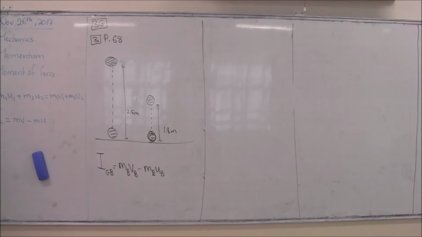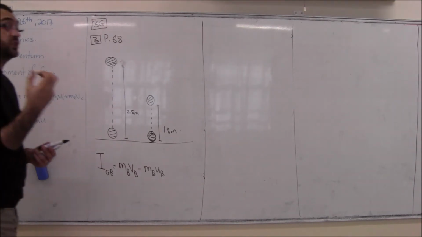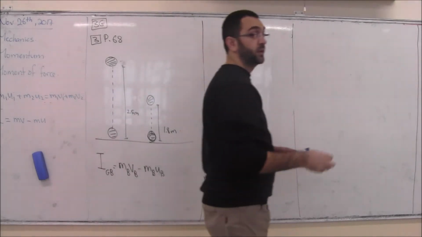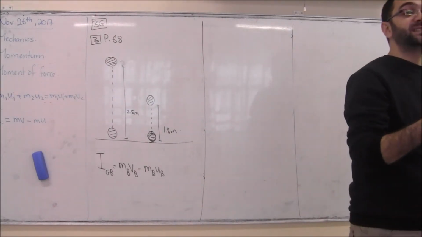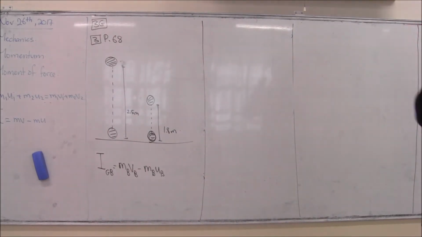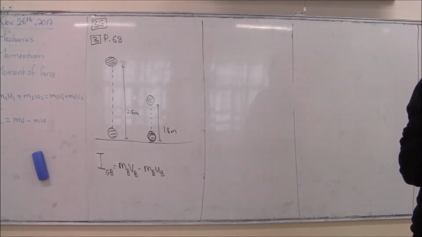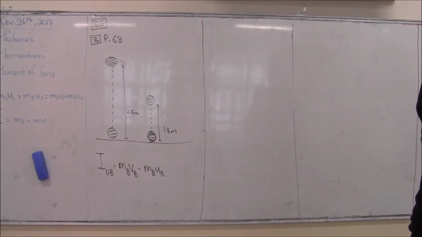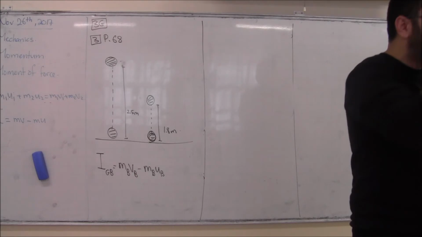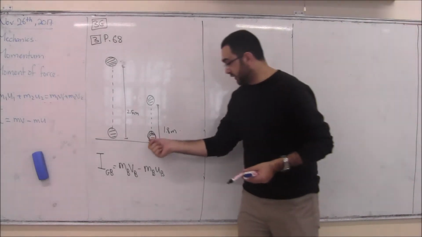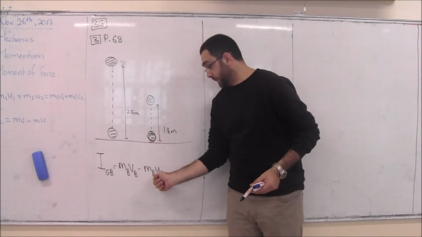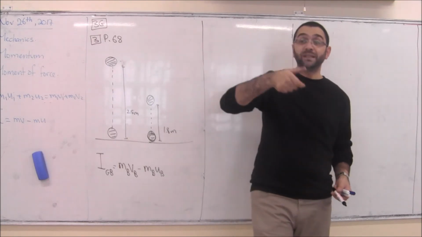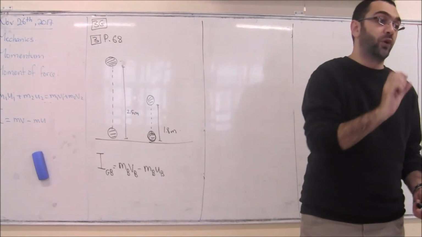Here in this question, we have to be careful about the definition of V and U. V is the velocity immediately after the collision, and U is the speed immediately before.